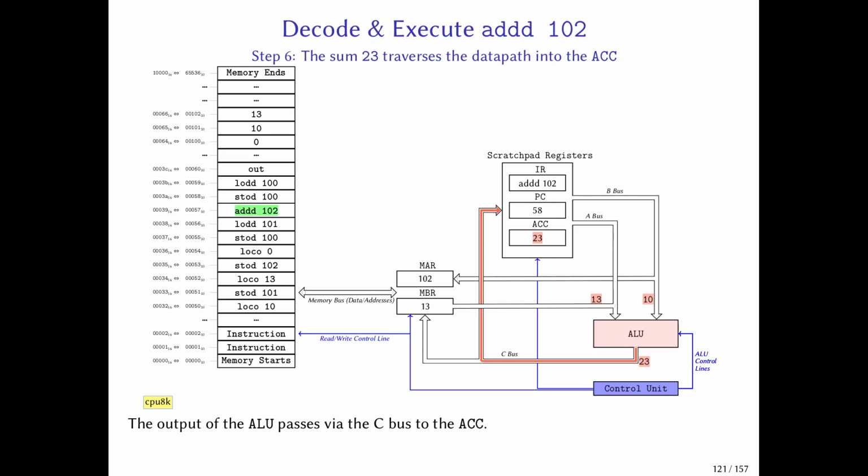Remember that 10 was originally stored in the accumulator, and the 13 came from memory address 102. So that is the execution of the 8th machine code instruction, which has added 2 numbers together, and the sum of which has then been stored into the accumulator.